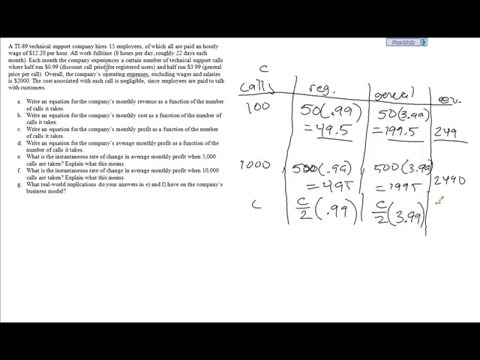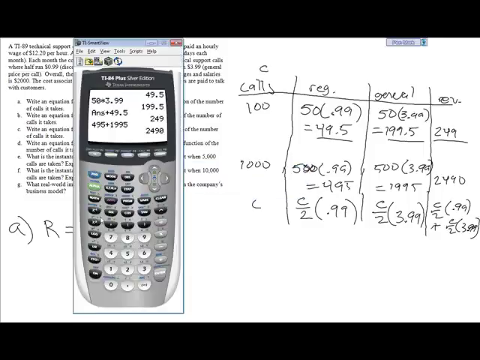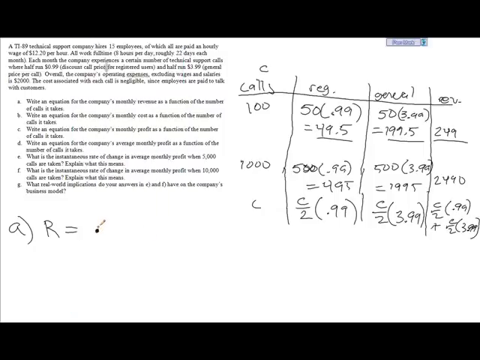Well, the total here would be c over 2 times 99 cents plus c over 2 times $3.99. So this would be my total revenue for that month. So if I let capital R be revenue, I'm going to simplify this a little bit. 99 cents divided by 2 would be 0.495, so 0.495c, because keep in mind it would be 0.99c over 2, so I'm just getting rid of the 2.